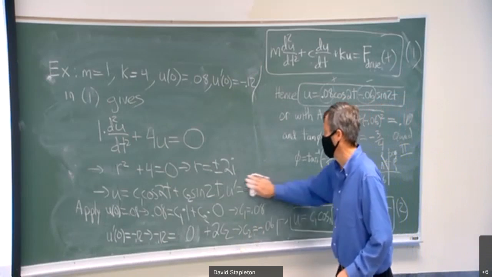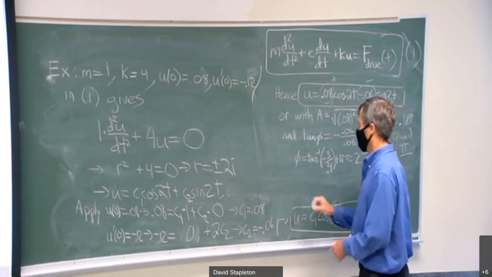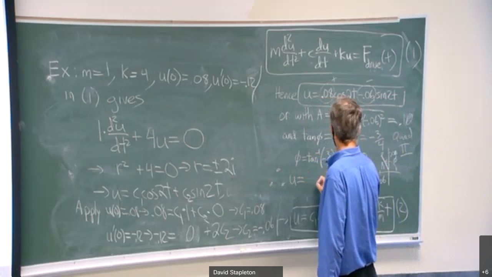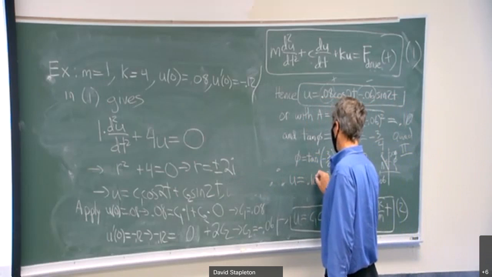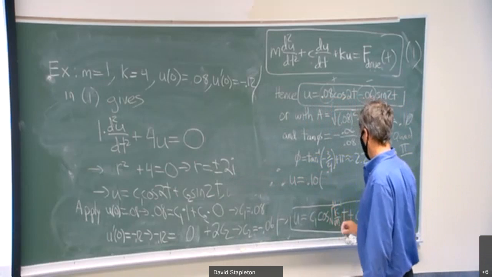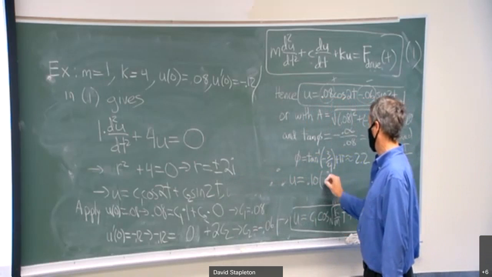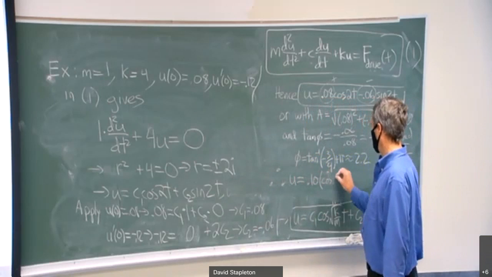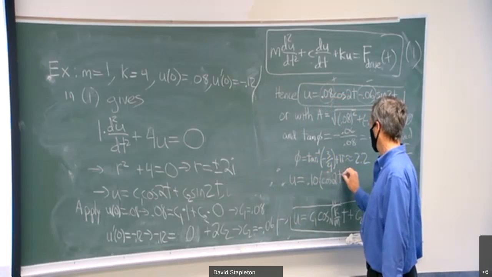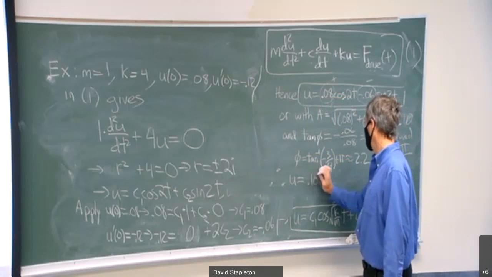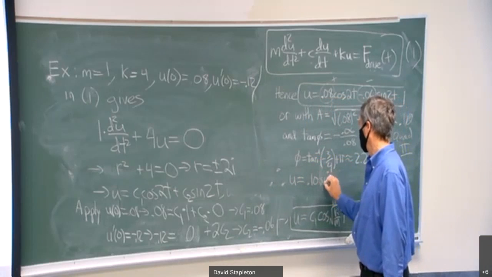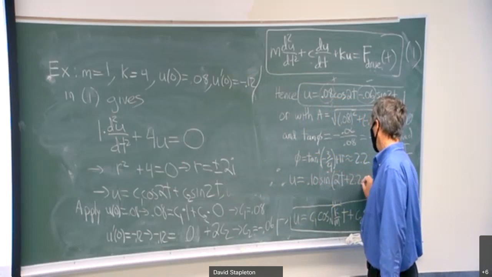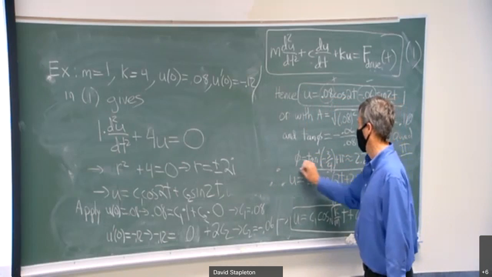And now we have, therefore, in the more suggestive format, u is equal to 0.10 sine of twice t plus 2.2, like that.